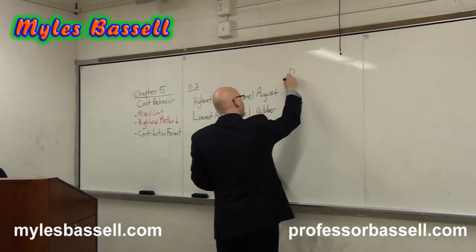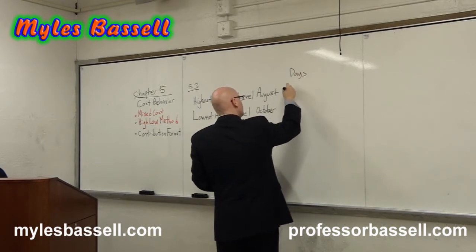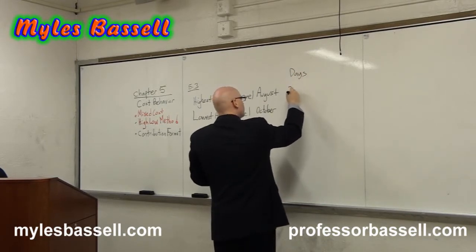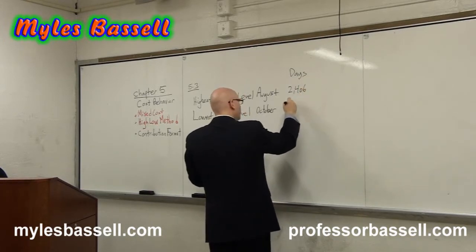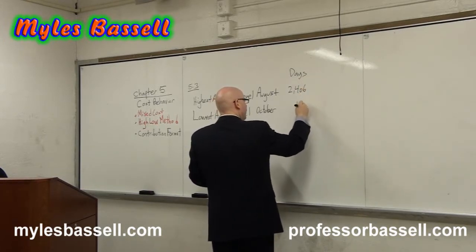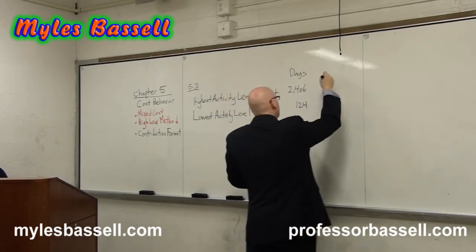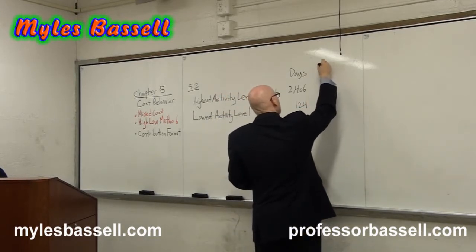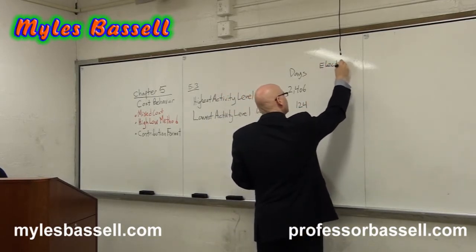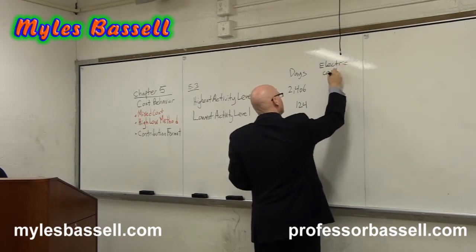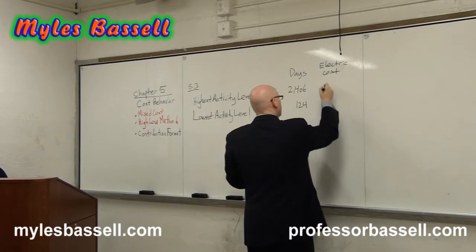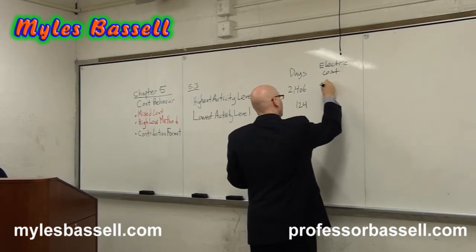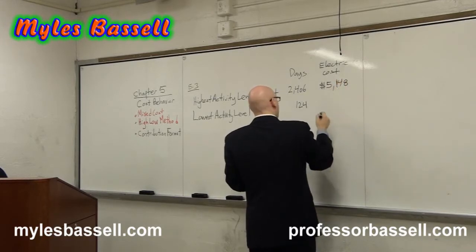The number of days for August is 2,406, and for October, it's a very big difference. And then the electric cost for August, 5,148, and for October.